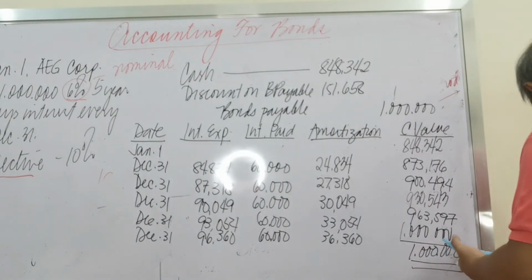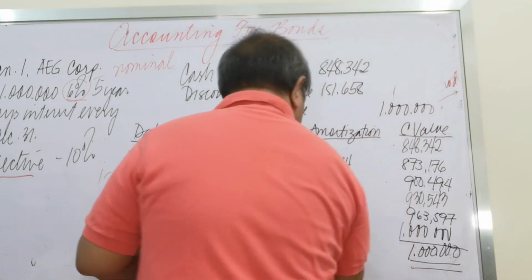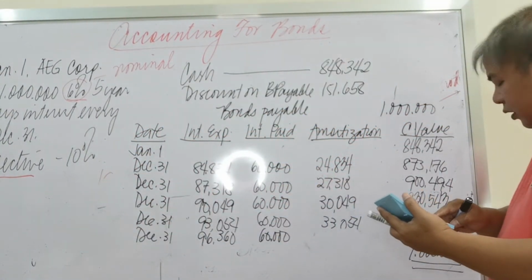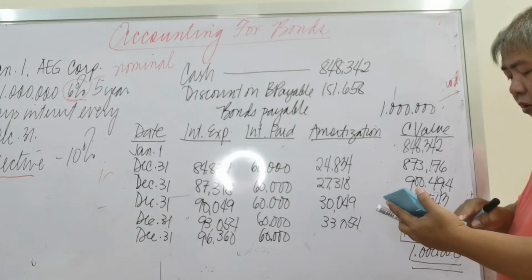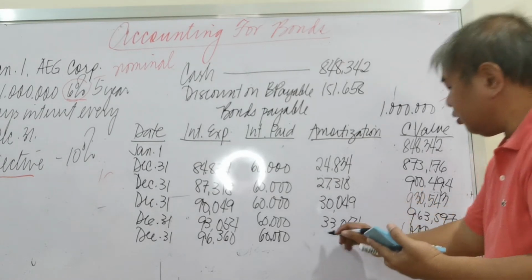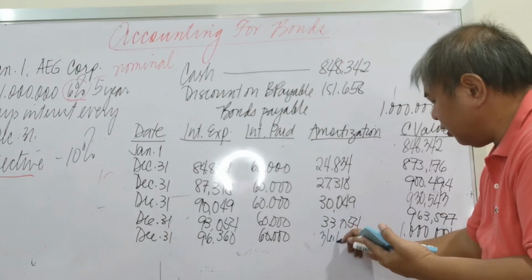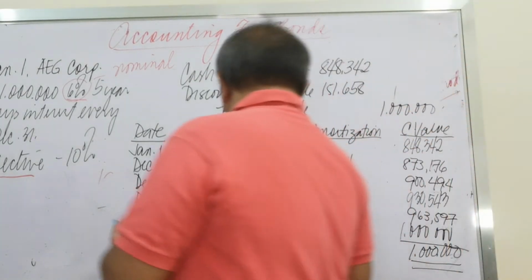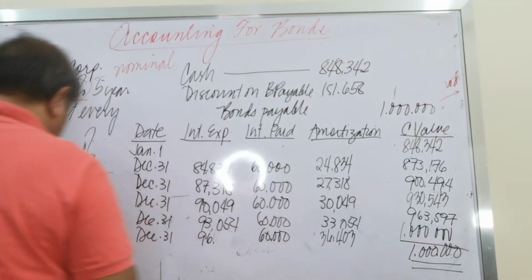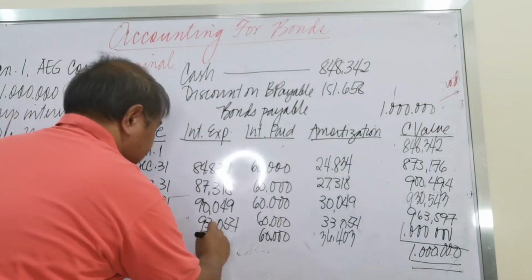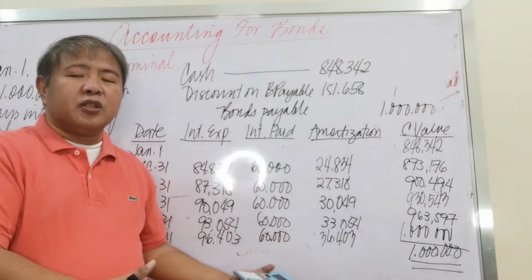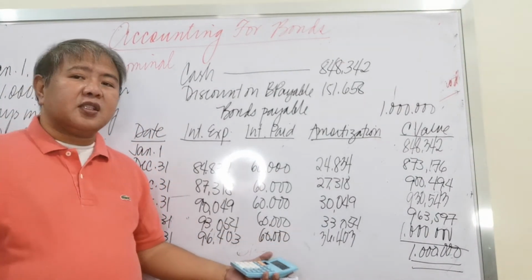And so therefore, 963,597 minus 1 million, this should be 36,403. Okay, so guys, this is now our amortization table for this problem.